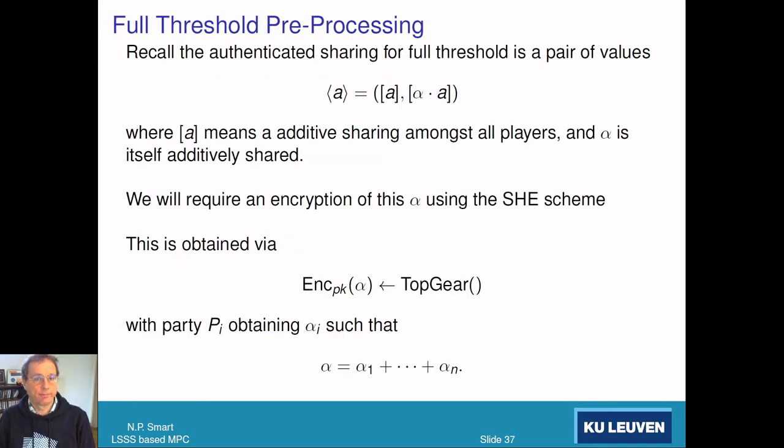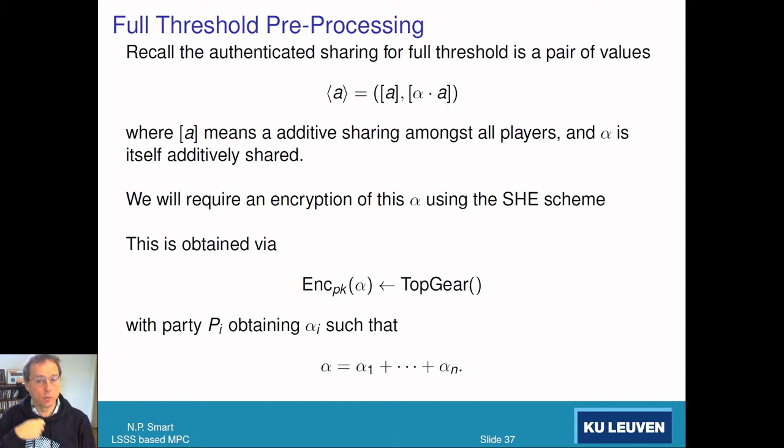So how is full threshold preprocessing going to work? Recall, for full threshold, we authenticate shares by doing a full threshold sharing of the value a and a full threshold sharing of the MAC on a, which is alpha times a. So we need an additive sharing of alpha. We're also going to need an encryption of alpha under our somewhat homomorphic encryption scheme.